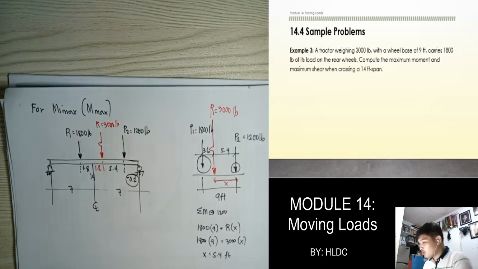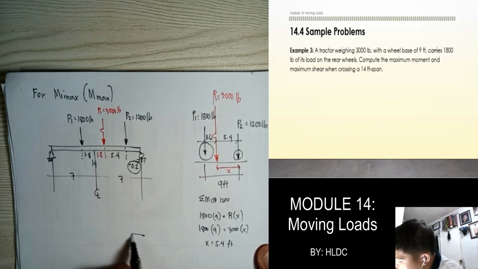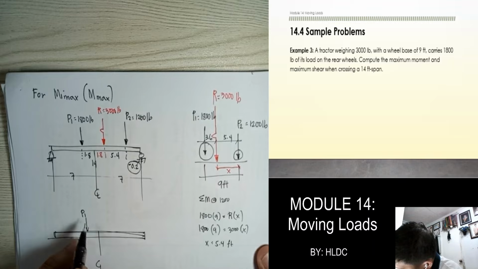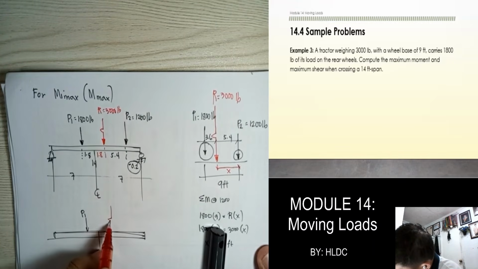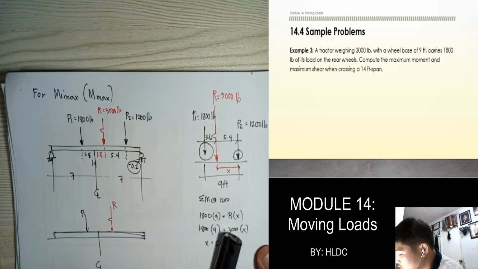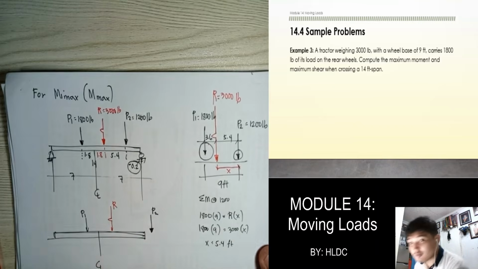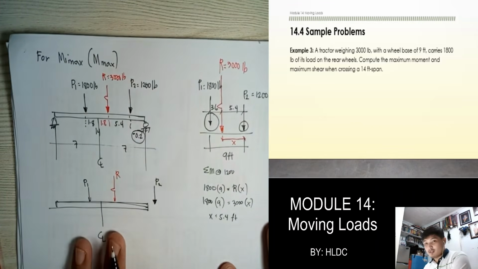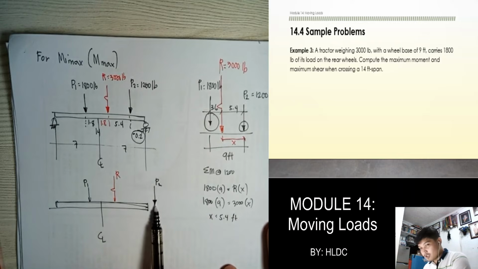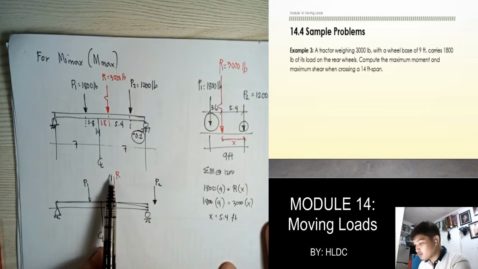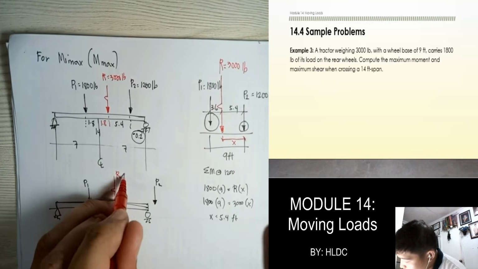Gets ba? Yung tamang drawing nito is parang ganito, class. So, ito yung center line. Andito yung P1. Andito yung resultant. And then, yung isang gulong, since 5.4 siya, andito na siya, P2. Okay, so ganyan pala yung nangyari. Kapag ang isang gulong is outside na doon sa ating span, hindi na ito yung resultant na 3,000.